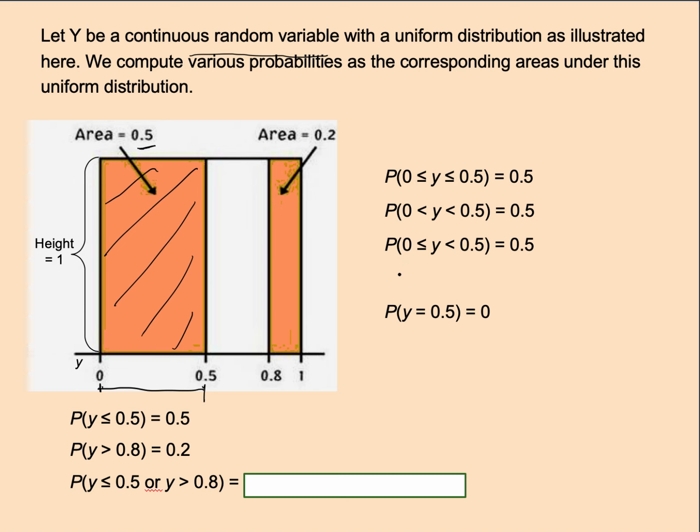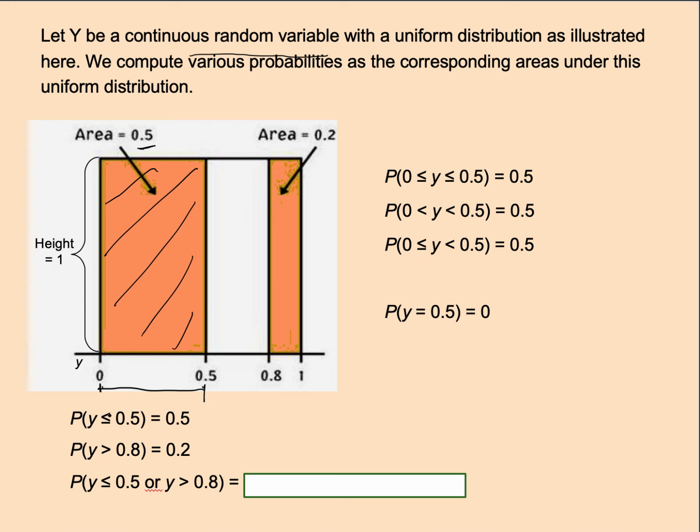So the probability of y being 0.5, if you want to calculate, will be 0 because that doesn't represent any area under a graphical presentation, most commonly density curves. Then similarly, the probability of y greater than or equal to 0 but less than 0.5 is also the same, 0.5. So these are some basic principles to look at before calculating area under the curve.